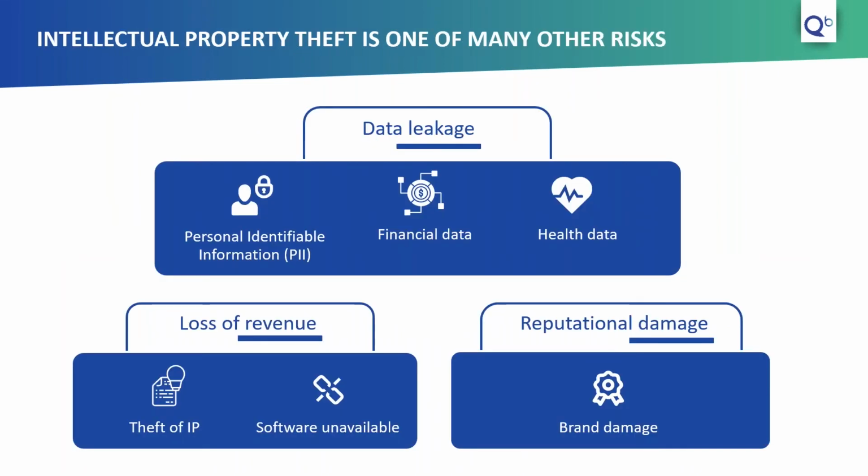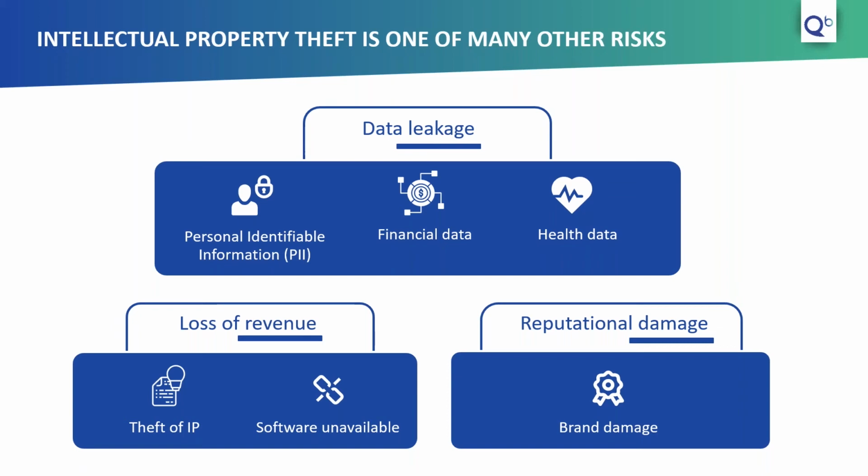But IP theft is just one of the many risks you have to face. As you can see on this slide, there is also the data leakage risk, especially harmful since the arrival of the GDPR regulation and the big fines that come along.